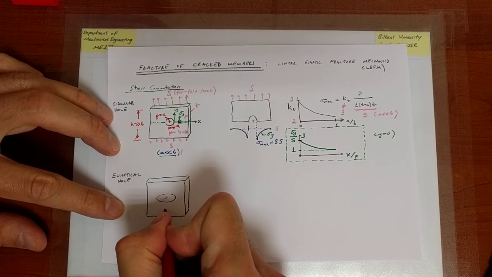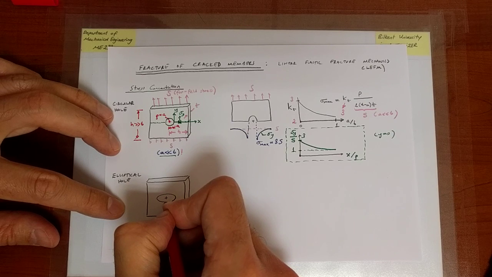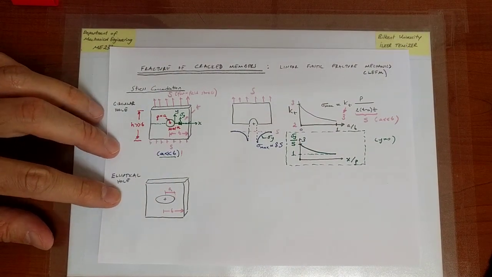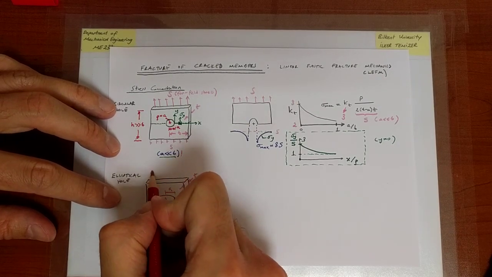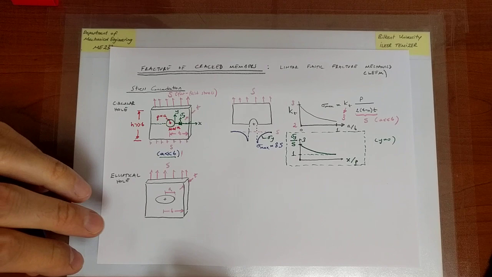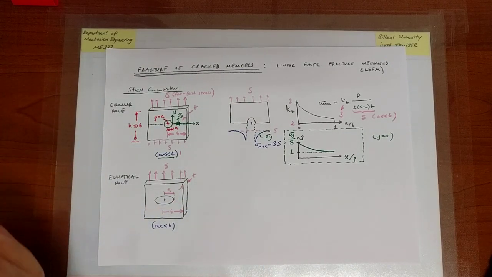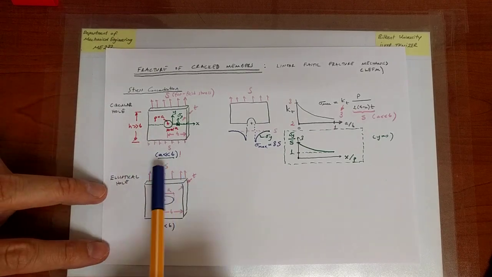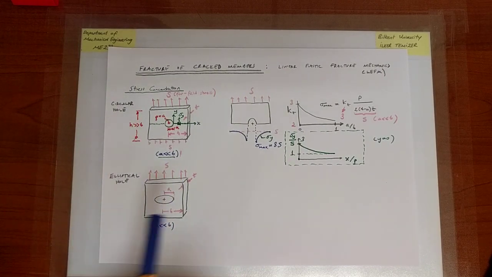The half width of the plate, again, is going to be denoted by B. The half width of the hole is also going to be denoted again by A. There is again the thickness of the plate, which is T, and I'm going to apply again a far field stress S. From now on, for a certain while at least, I'm always going to assume that A is much, much less than B. And it also goes without saying in almost all of the discussions that the height of the plate is going to be much, much larger than the width of the plate, so that this picture is meaningful, so that the normal stress distribution here is uniform. So that's the geometry of the plate.